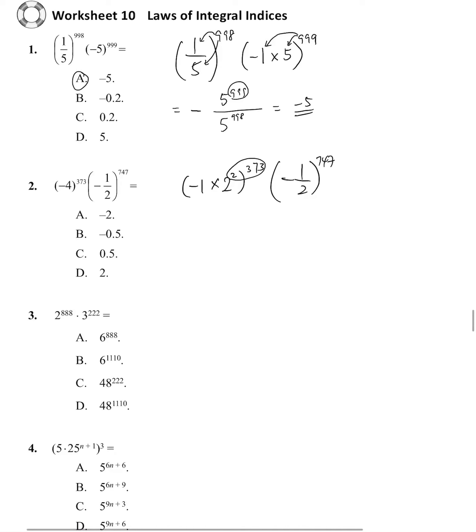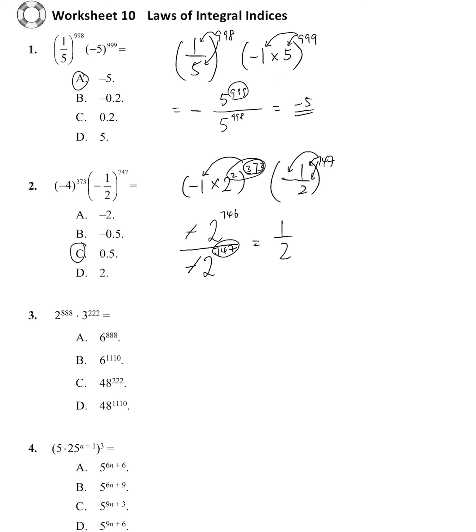Okay, and then again the same thing, because the odd number is gonna be distributed over here as well, so that's overall still negative, and it's 2 to the power of 746. The same applies here also to the negative number. It's a negative 2 to the power of 747, and the negative sign gets out, so it's 1 over 2, since the bigger power is at the bottom, so the answer is 0.5.